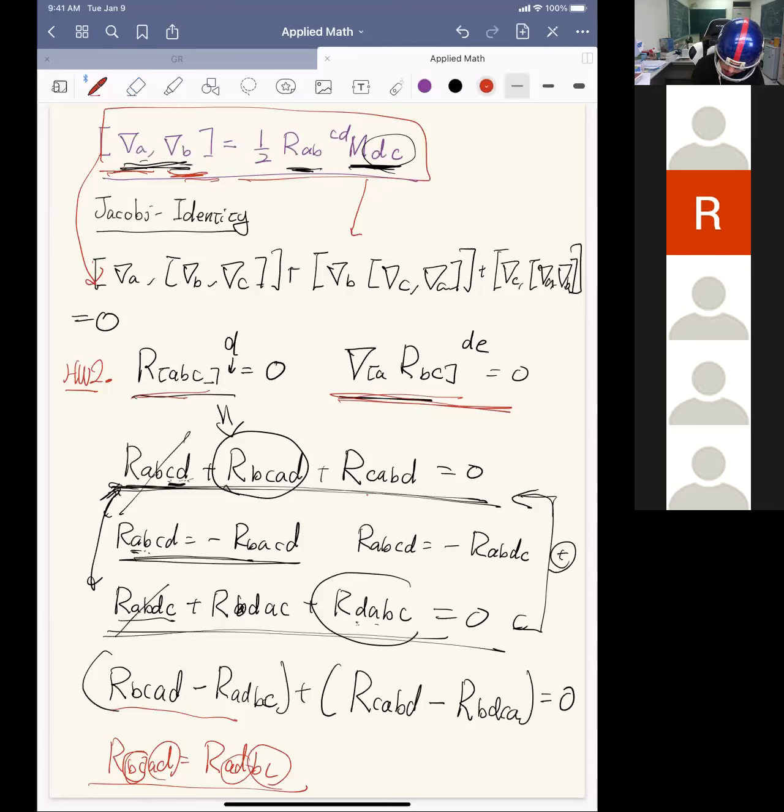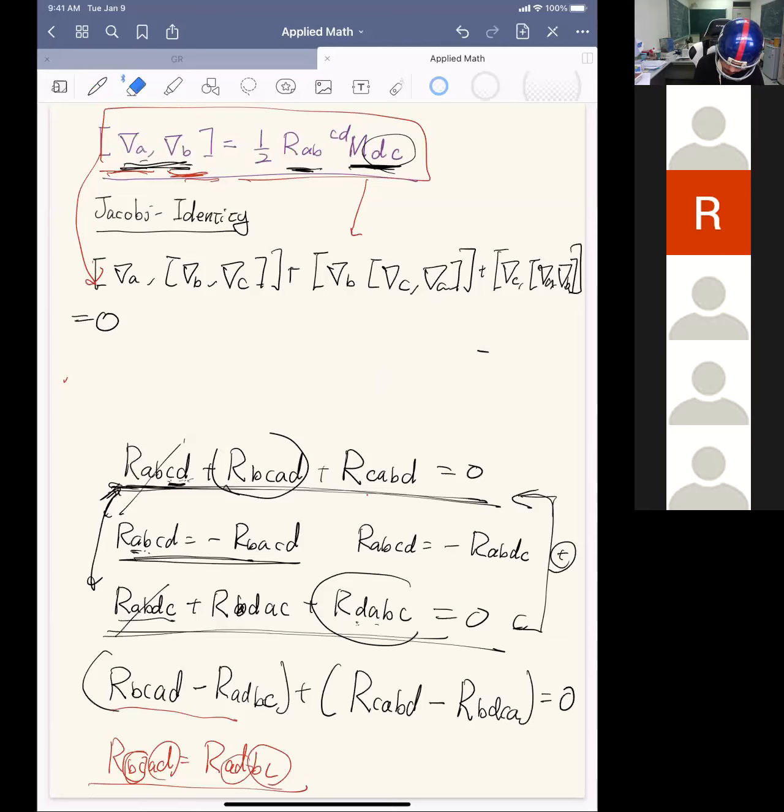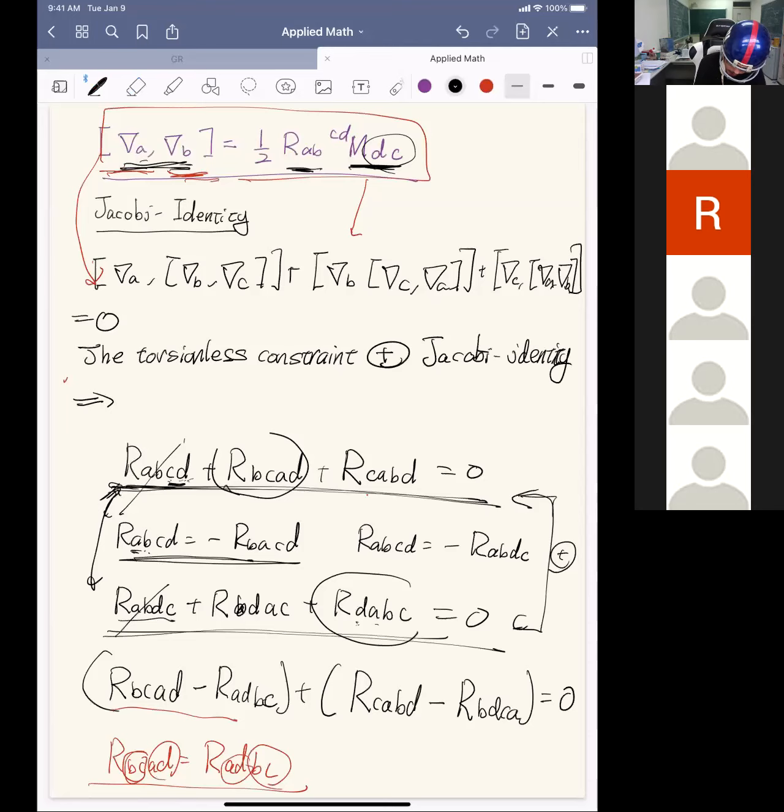So in other words, just to write everything in terms of words, the torsionless constraint plus Jacobi identity tells you that R_{ABCD}, the Riemann tensor, is symmetric under the exchange of the first two and the last two indices.